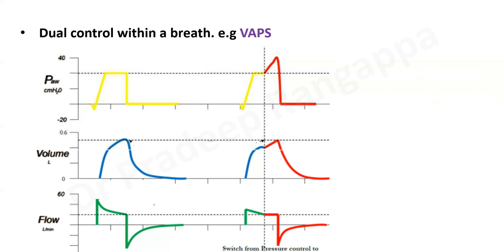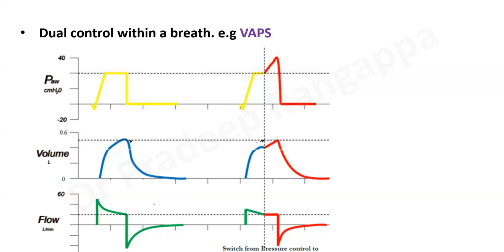Suppose you are using pressure control, you have set a pressure and you are defining a certain tidal volume to be met. If that pressure is not enough, there is an automatic increase to ensure the tidal volume goals are met.